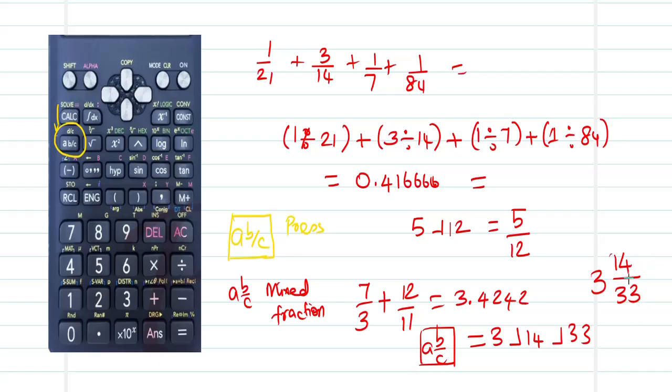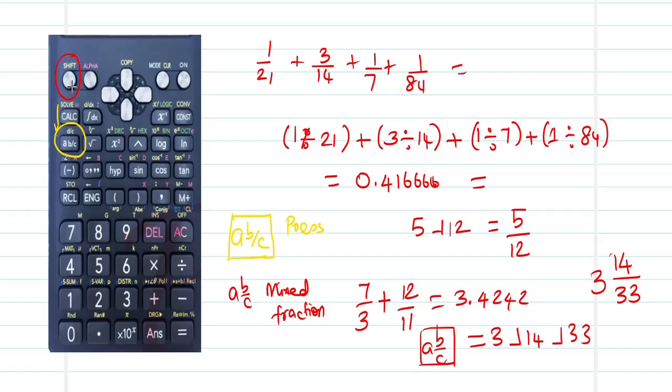Now if you want to make it a fraction of the format a by b, then what you will have to do is, on top of the same a b by c button, you can see a d by c in yellow script. So how to make use of this yellow script? We already have seen that in the calculator, all the functions which are yellow in nature on top of a button can be evaluated using the button called shift.